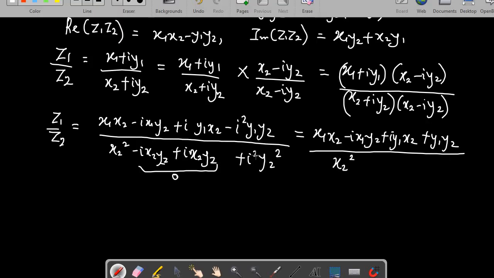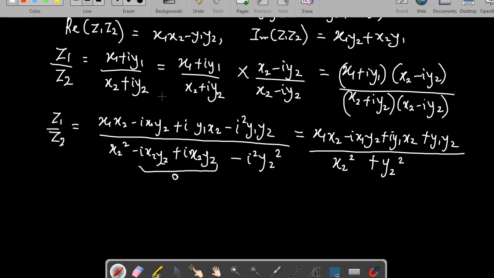Then i squared here, sorry, I omitted something. Sorry, that's a mistake. If you multiply this by this, you should have minus i squared, not plus i squared. This is minus, sorry about that, minus, okay, so that by the time i squared is minus 1, then minus here, that will be plus y2 squared.